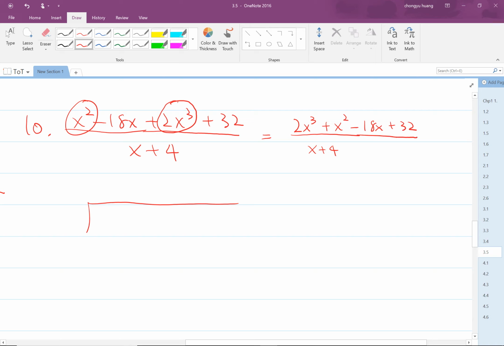So remember, when you're using the old-fashioned way, you always want to arrange those variables from the highest power. Okay, so here let me put a reminder.